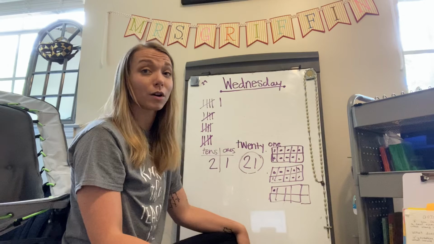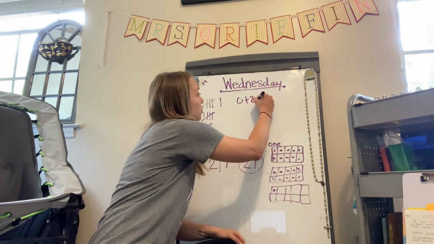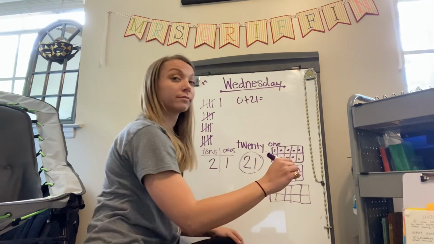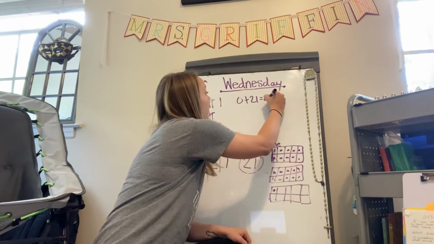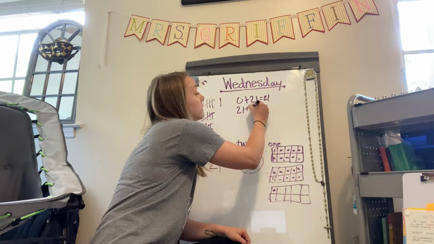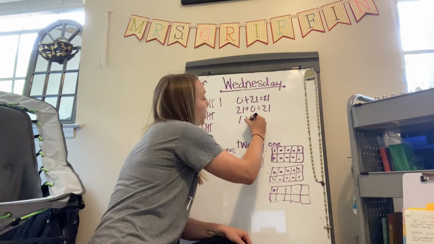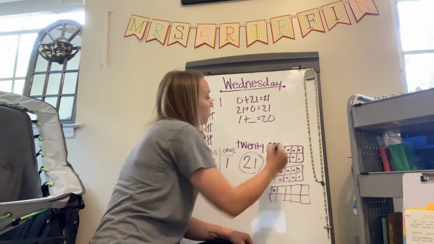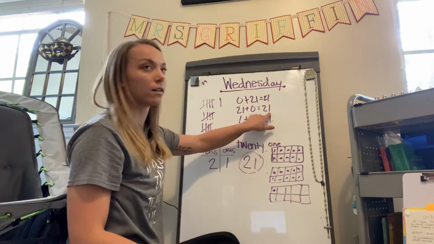Now, since I'm such a smart kid, I know that I can do 0 plus 21 equals 21. I know that 21 plus 0 equals 21. Now, what about 1? 1 plus something equals 21. Well, what number do you have in the ones place here? A 1.